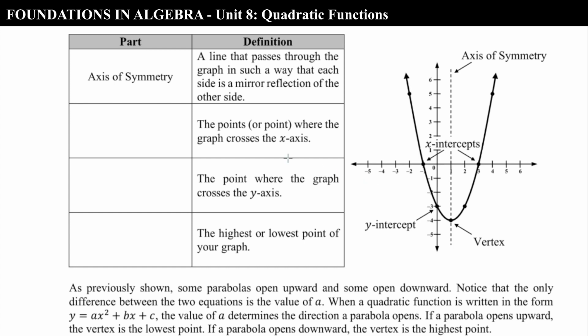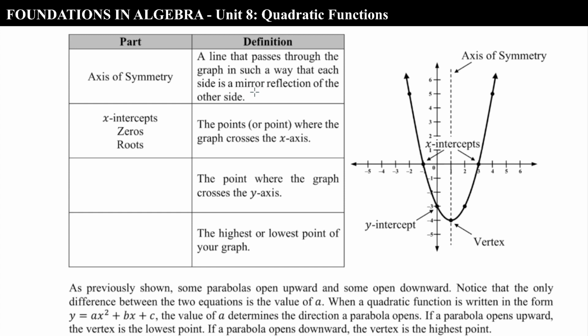Now, the points or point where the graph crosses the x-axis, well, here it is here. Here's one, here's another. Those are obviously our x-intercepts. But we do have more than one word for x-intercepts. So get familiar with this vocabulary a little bit, because you're going to hear x-intercepts, especially in quadratics, referred to as not only x-intercepts, but also as zeros or roots.